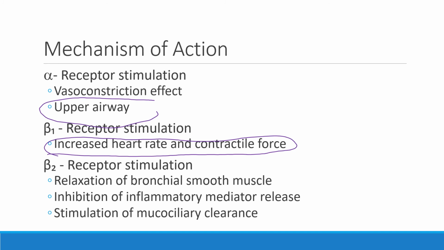And finally, beta 2 receptor stimulation is to relax the bronchial smooth muscles. And that's going to help because one of the things too with beta 2 receptor stimulation is they help inhibit inflammatory mediator release. So even though it's not a steroid, it should help stop that cascade of inflammatory mediators.